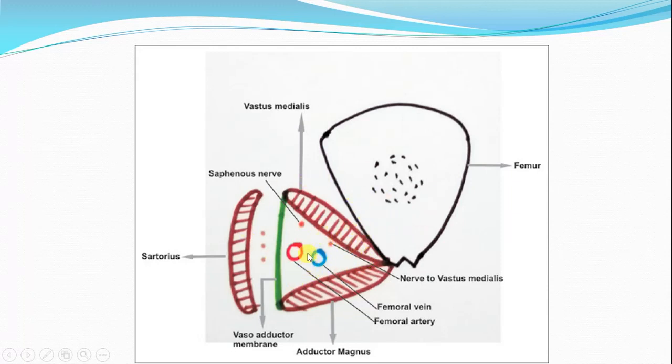Now what I am seeing inside this: if this is the medial side and this is the lateral side, medially is the femoral vein, laterally is the femoral artery. Anteriorly is the saphenous nerve. This saphenous nerve must be a branch of the femoral nerve coming into the adductor canal.